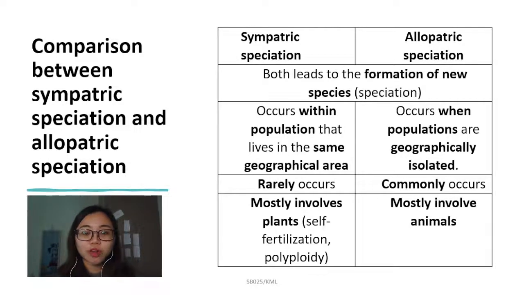It could occur rarely or commonly. And does it usually involve animals or does it usually involve plants, etc.? So a lot of the concept of sympatric and allopatric speciation, we are focusing on animals and plants. For microorganisms, it's harder to observe. So we're not focusing on them much for this chapter.